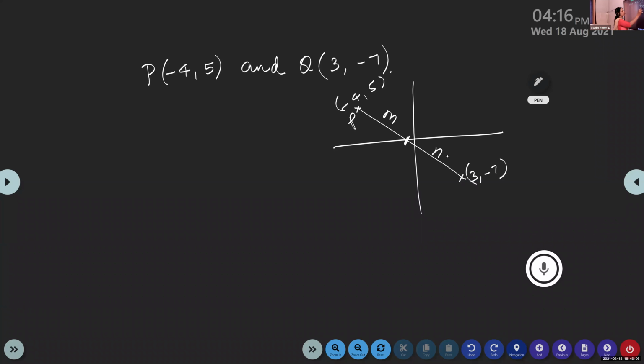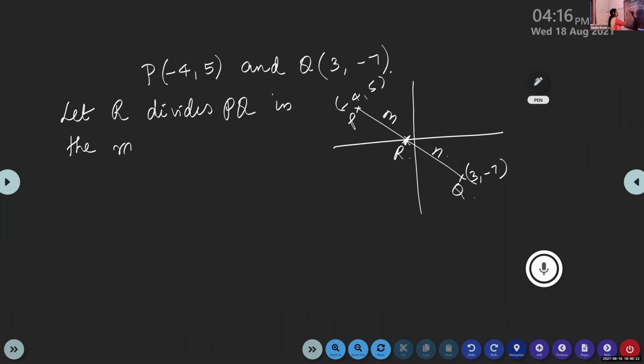We denote this point as R, since P and Q are already given. So let R divide PQ in the ratio m is to n. Therefore, the point R by using the section formula is (mx2 plus nx1) by (m plus n).